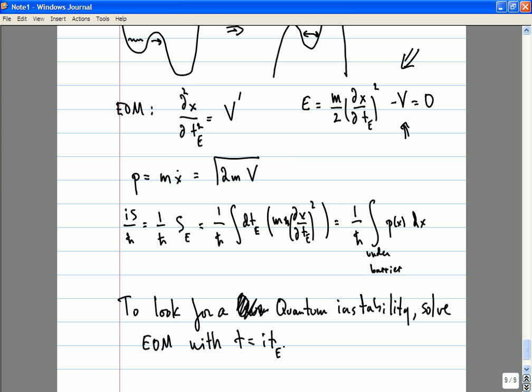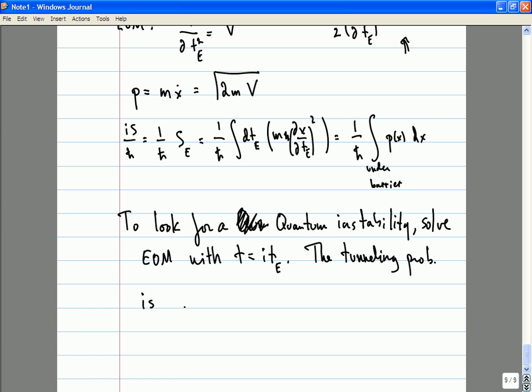And then the tunneling probability is the exponential of minus 1 over h bar times the action of this classical solution with purely imaginary time. And this is referred to as the Euclidean time formalism, or the imaginary time formalism.